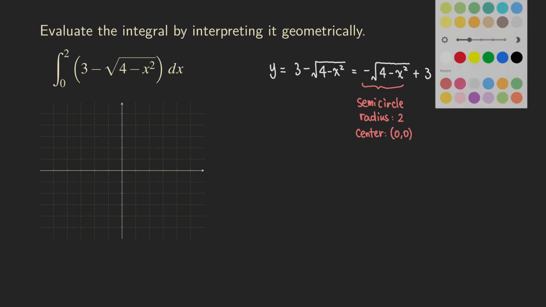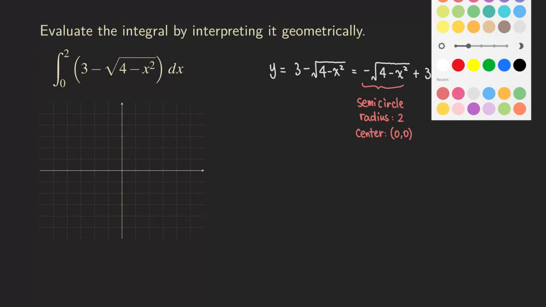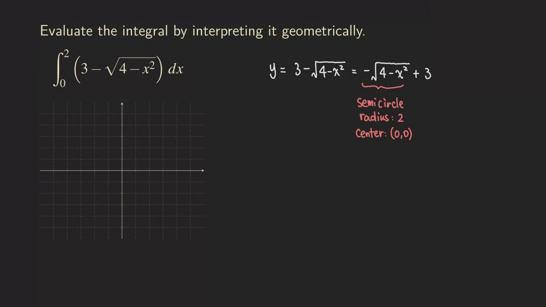Now what about this minus sign? This is the bottom half of the circle. Bottom half. Okay, I think that's good enough. And then you may say, what about the 3? The 3 is really just a transformation of this bottom half of the circle.